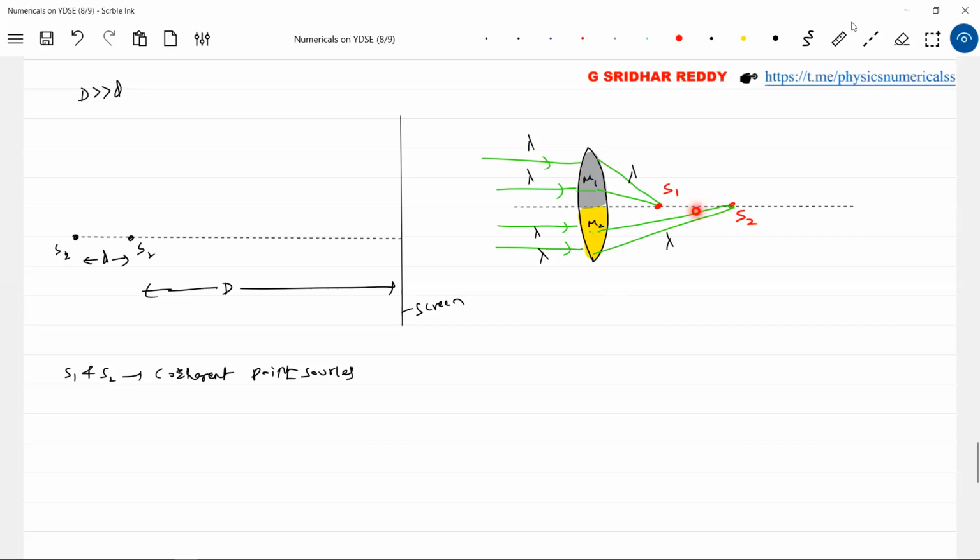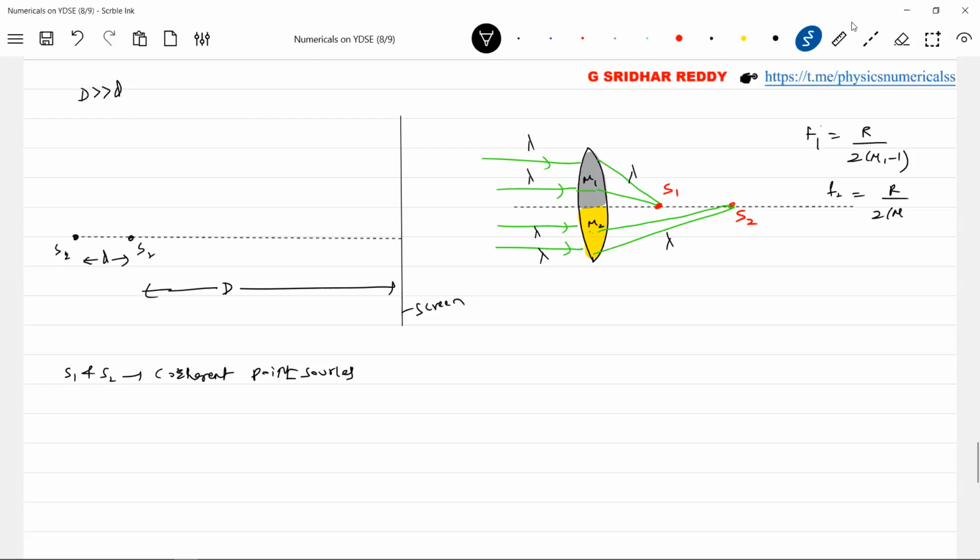We'll determine this distance d. I think we know the formula 1 by f. So from where will we bring it? Let it be an equiconvex lens. So the focal length will be R by 2(mu minus 1). This is f1. What is f2?